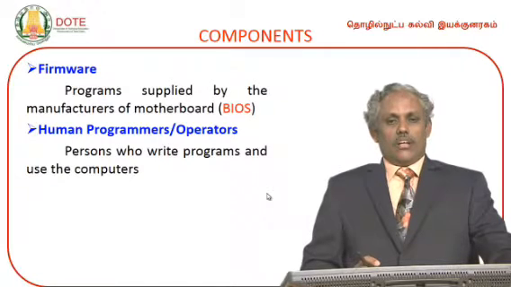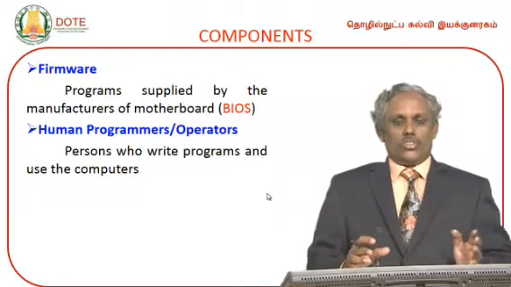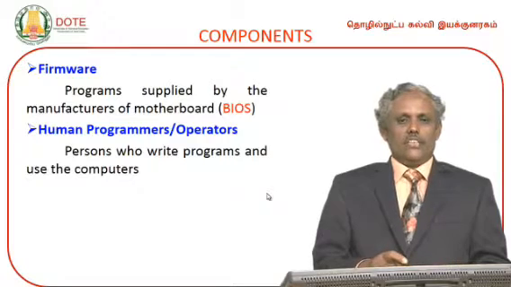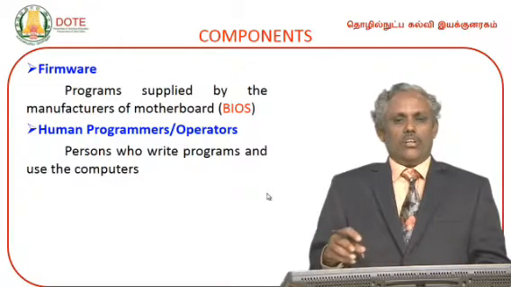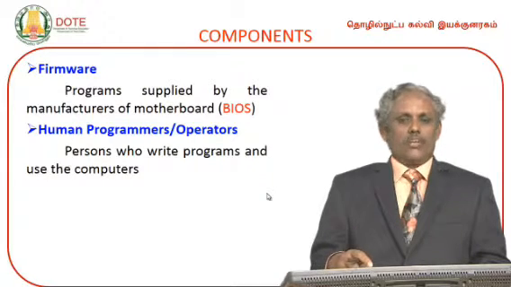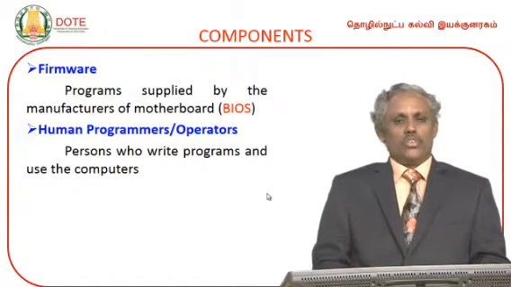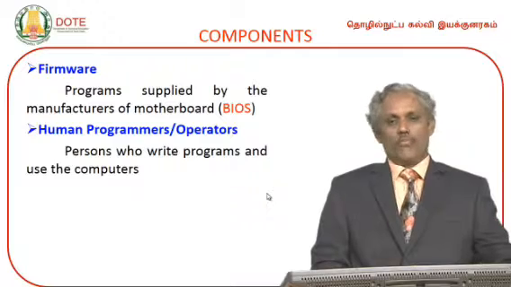Then if you have all those systems like the physical devices and the software and the firmware, we still need operators or programmers to use the computers effectively. So, humanware or human operators are also very important.